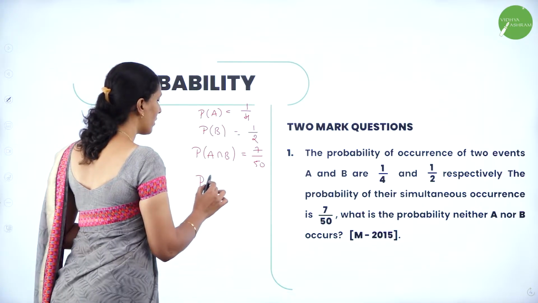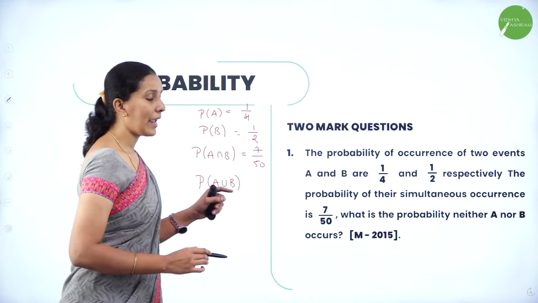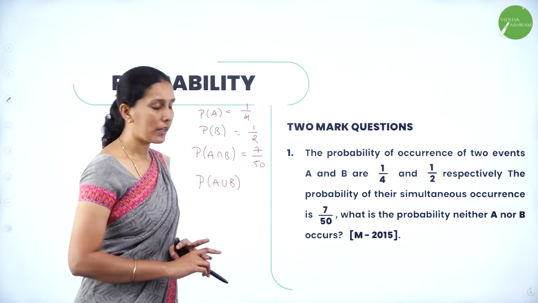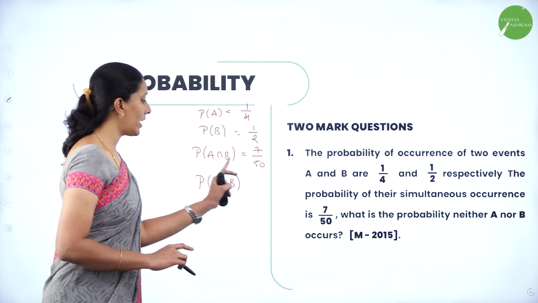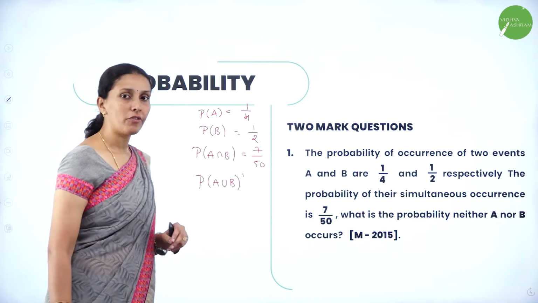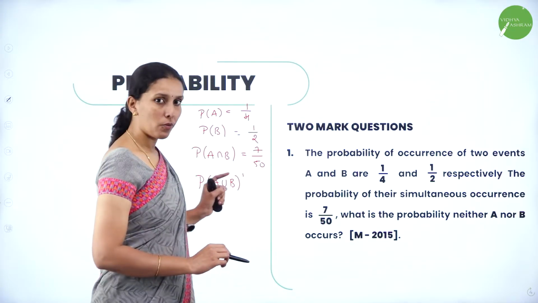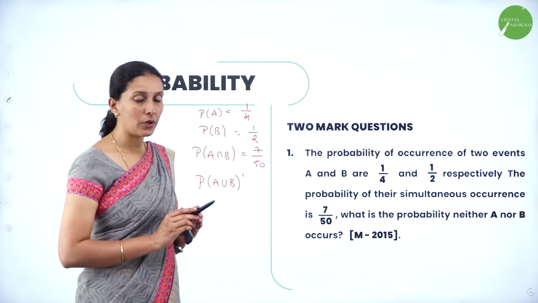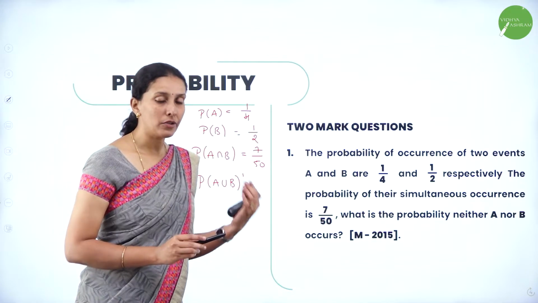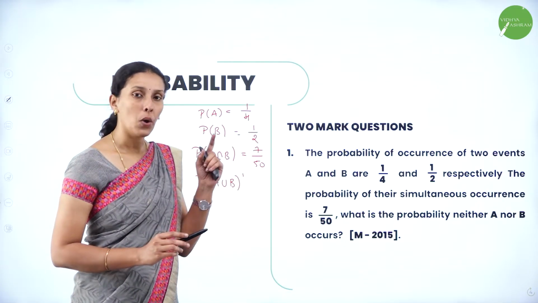Now, we are supposed to find the occurrence where A and B both do not occur. That means we need to take the complement. We are supposed to find the probability of A union B whole dash. How are we going to find it? If you want to find the probability of A union B whole dash, then you have to subtract the probability of A union B from 1.